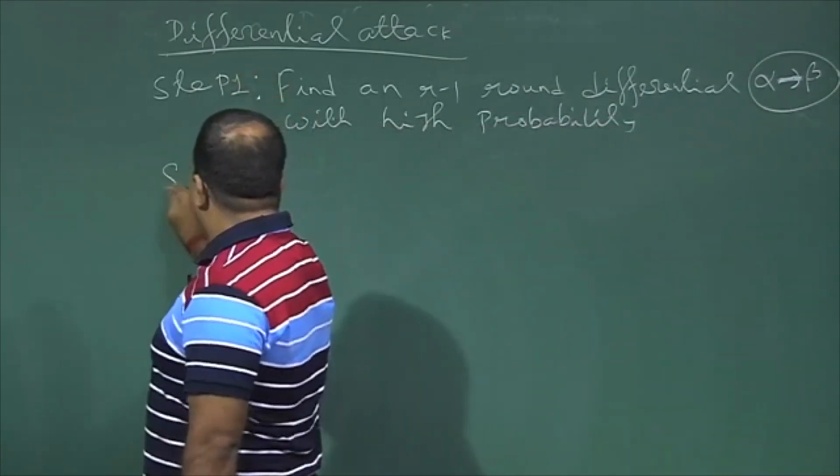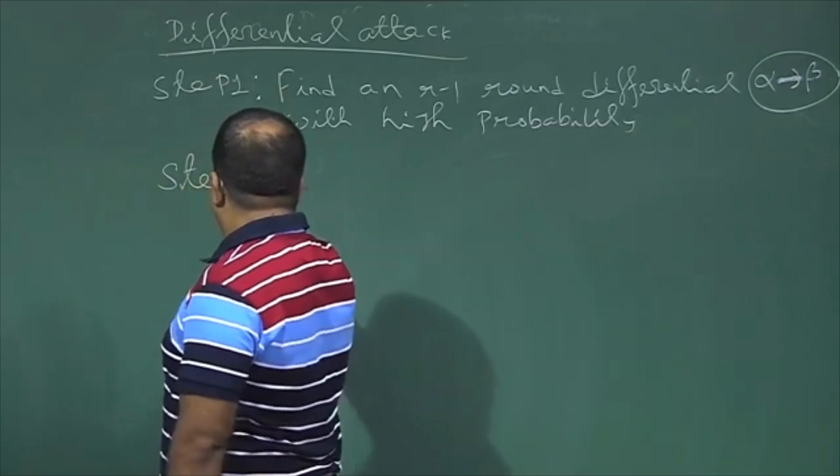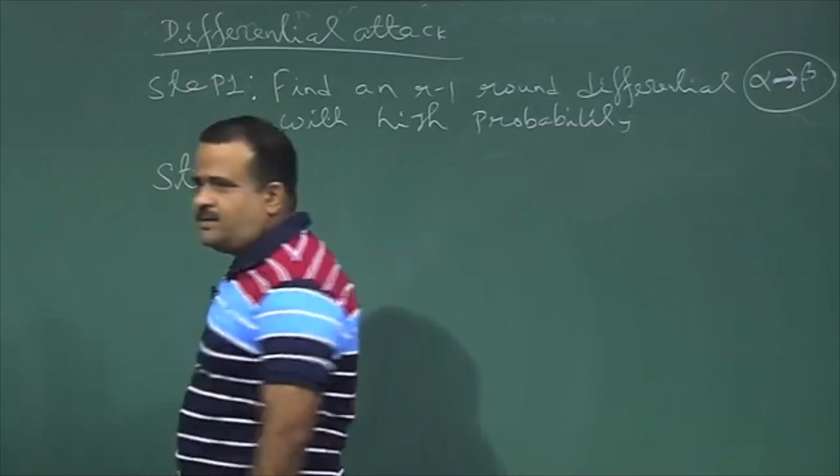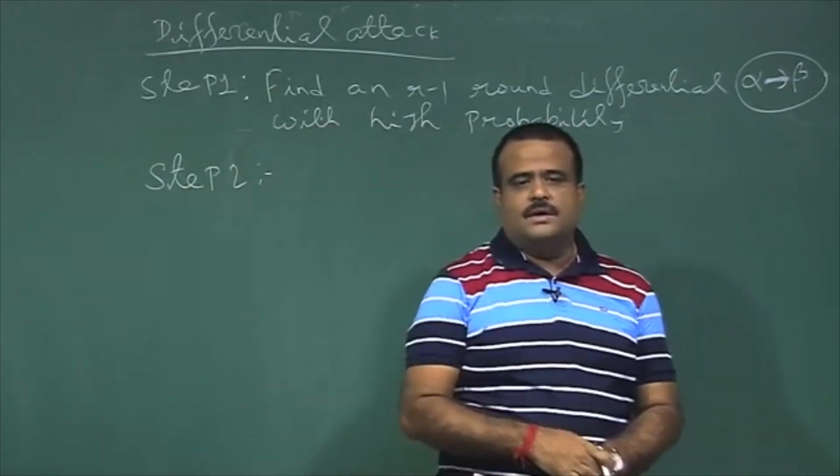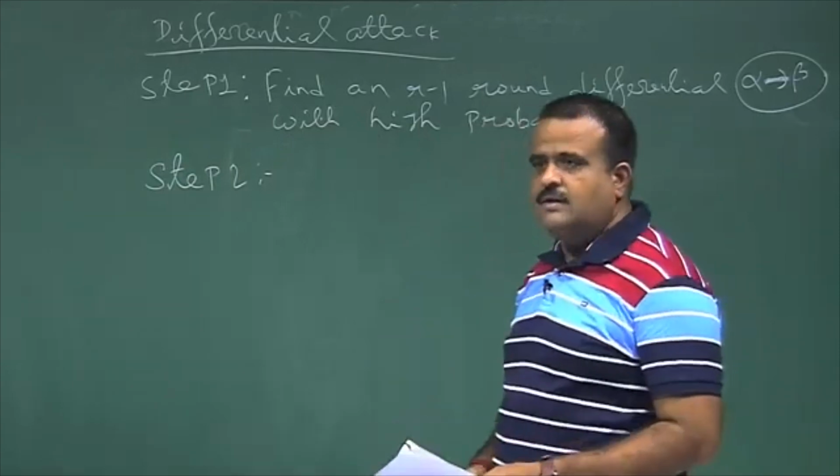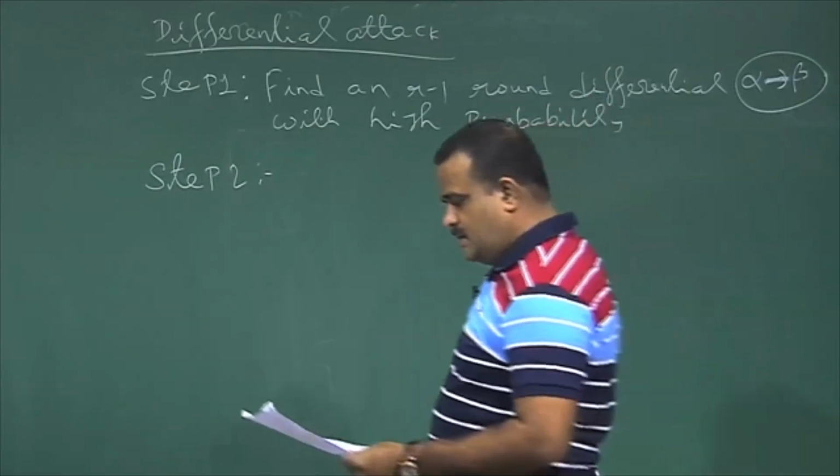This is step 1. Step 2. Once we have this alpha, beta, then we can think of finding the rth round key, K_R.